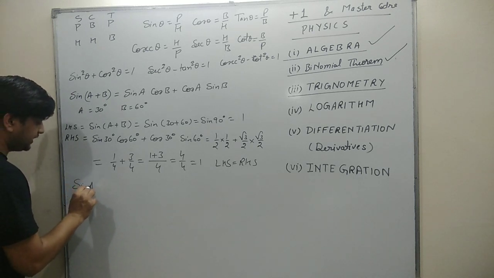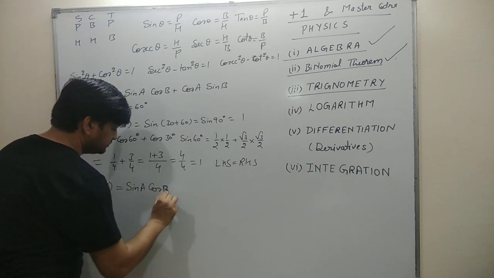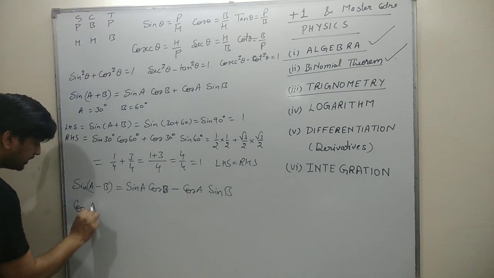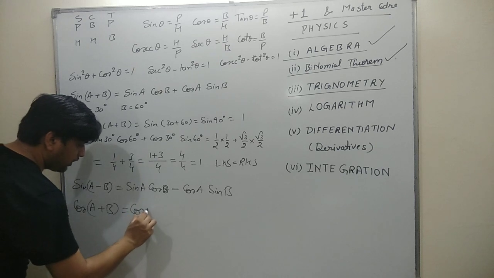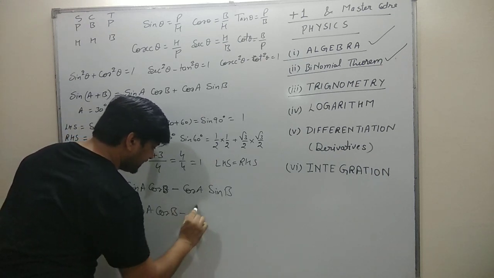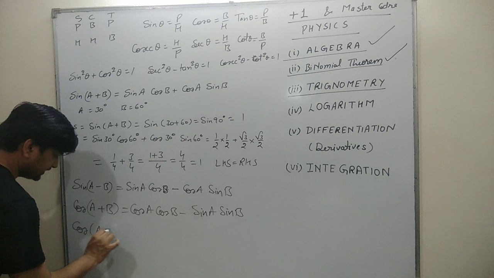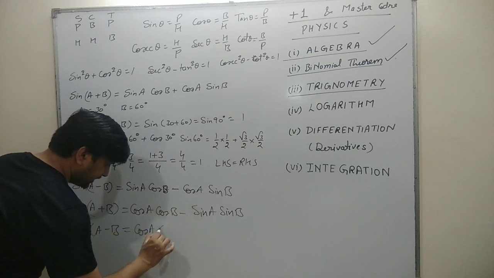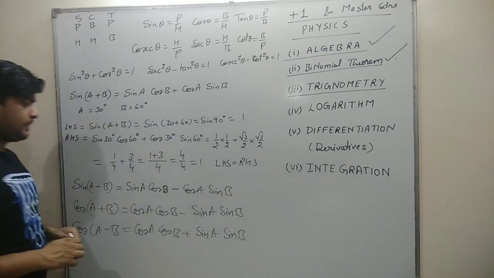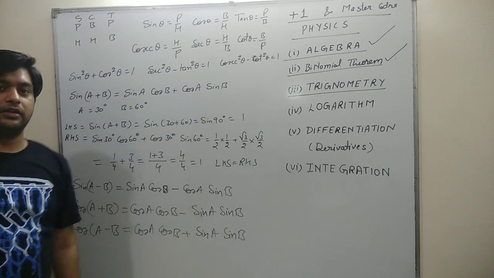So next, sin A minus B. Same formula, the sign becomes minus in front of cos A sin B. Then cos A plus B is cos A cos B minus sin A sin B. Cos A minus B is cos A cos B plus sin A sin B. So in the formula of sin A plus B, sin and cos come alternately, and the sign stays the same as the angle's.